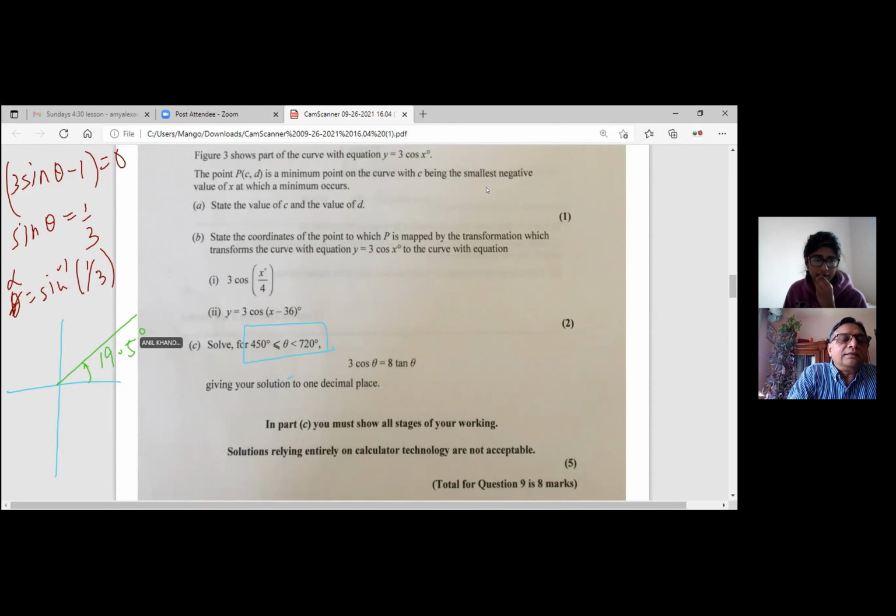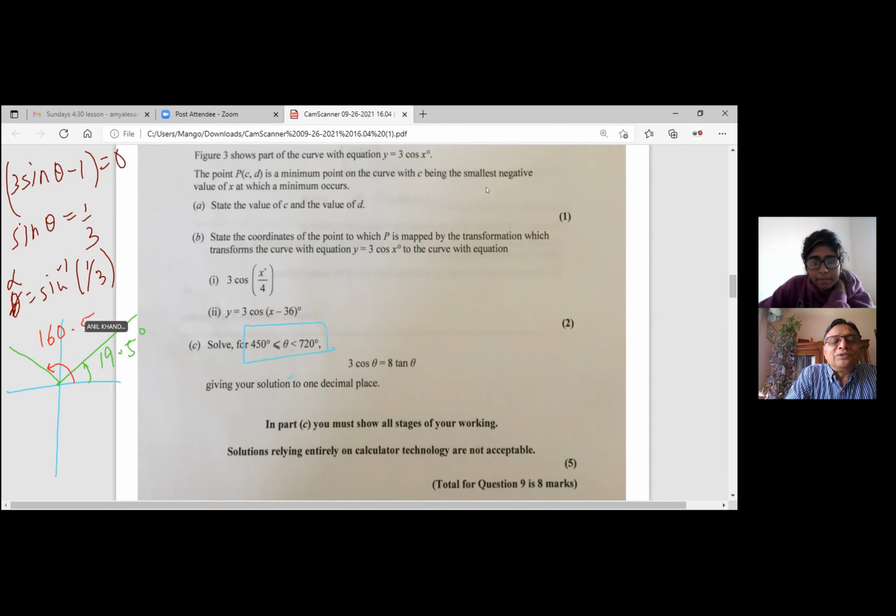Is it okay to round early, or do you recommend leaving it? In this case, we are only adding something to it, so it is okay at this stage. The other angle is how much? 180 minus the 19.47, which is 160.5. So these are the two angles.